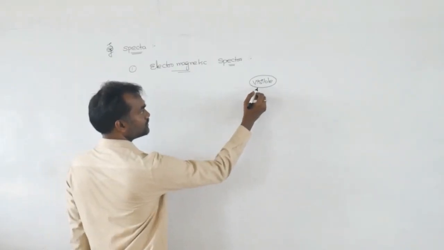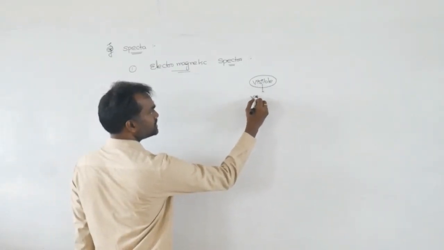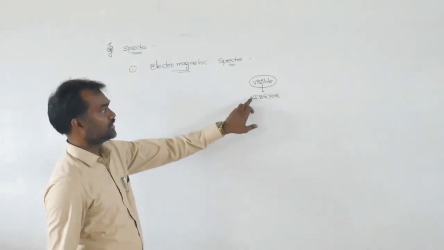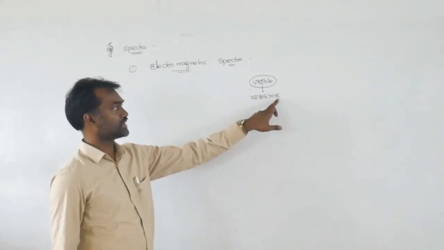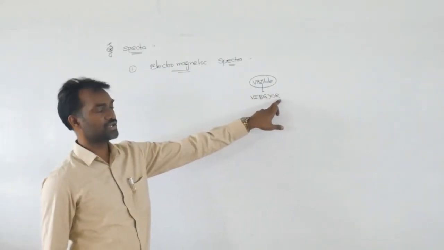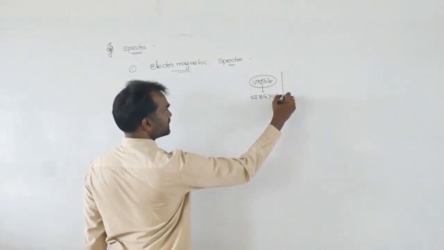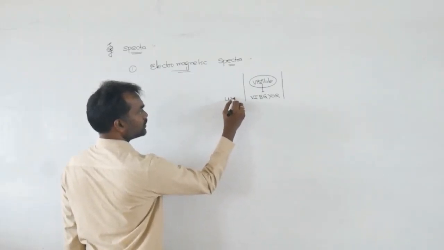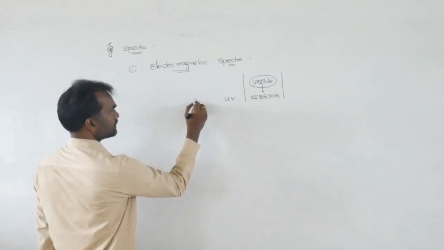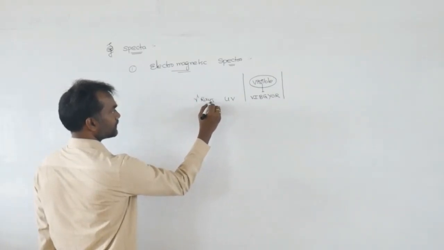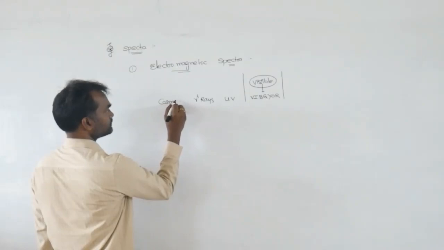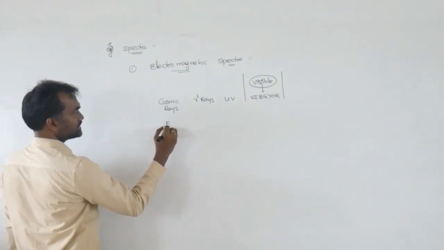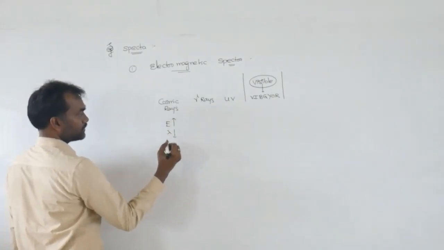The visible region is VIBGYOR: violet, indigo, blue, green, yellow, orange, red. After this region, before violet, UV light will be there. Next, gamma rays, next, cosmic rays. They have very high energy and very low lambda.